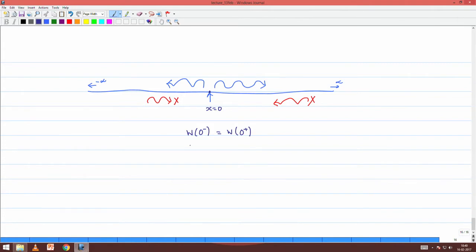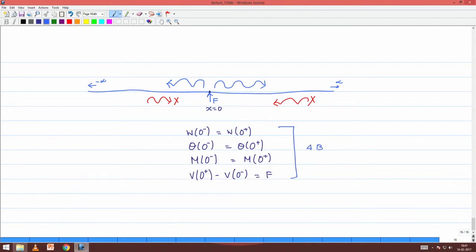You must also have the slope from the two sides matching, you must have the moment from the two sides matching, but you must have a jump in the shear force to account for the fact that there is an applied excitation force, which is F, right.